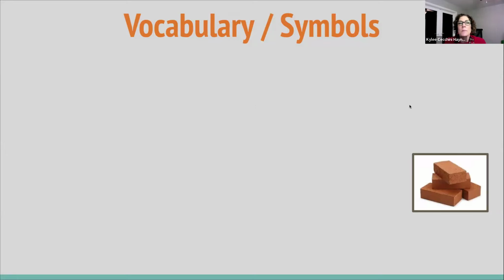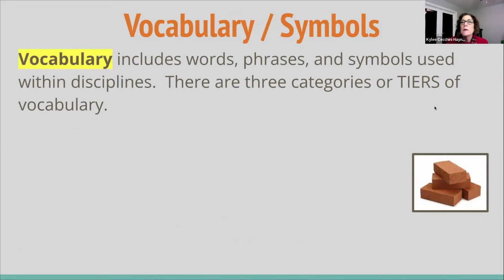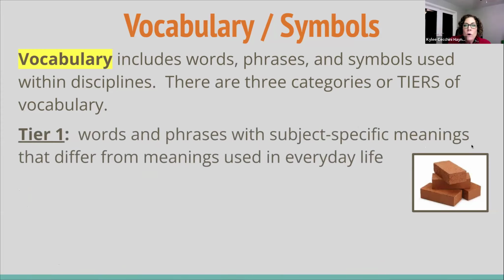All right, so now let's talk about vocabulary. And this is probably, for all of us, the easiest, most familiar thing. Vocabulary are words, phrases, symbols that are used within our particular disciplines. And you've heard, I'm sure, of the tiers of vocabulary. Now I want to make a distinction here.